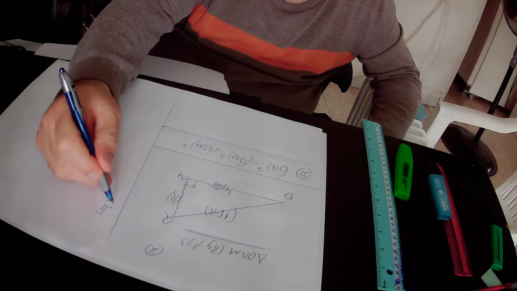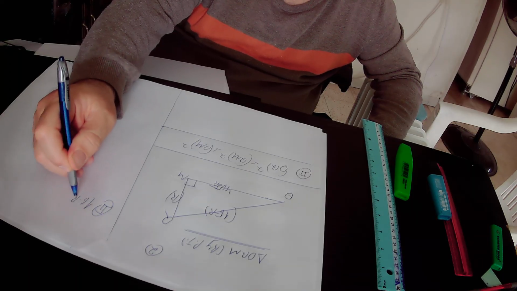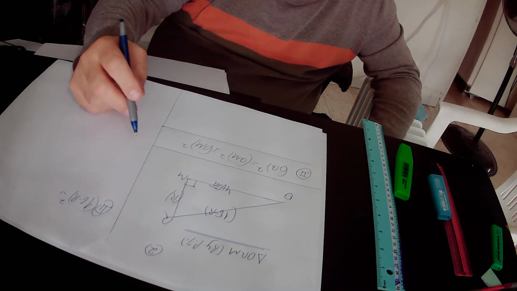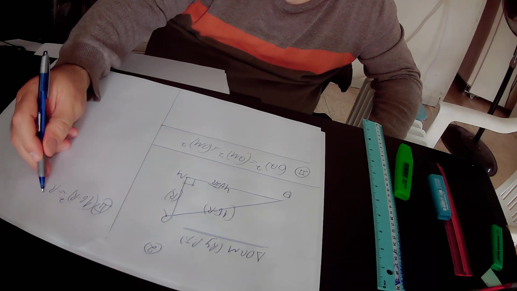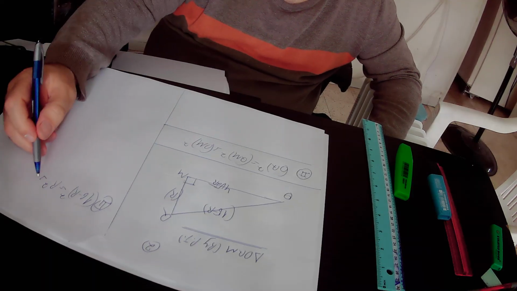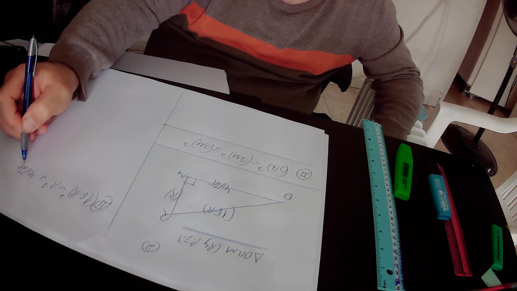The hypotenuse OQ is 16 minus R, therefore OQ squared is (16 minus R) squared, and it equals QM squared. QM is R, therefore QM squared is R squared, plus OM squared. OM is 4 times square root of 2R, therefore OM squared is (4 times square root of 2R) squared.